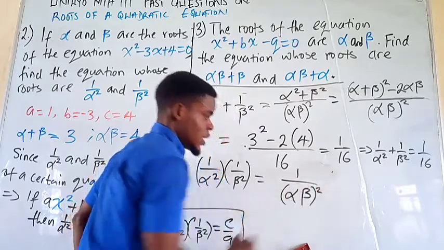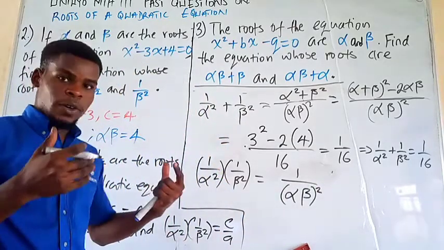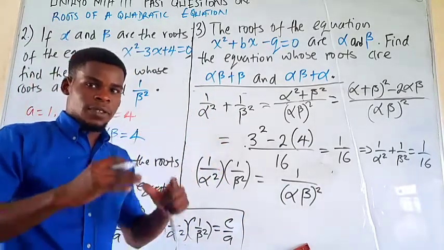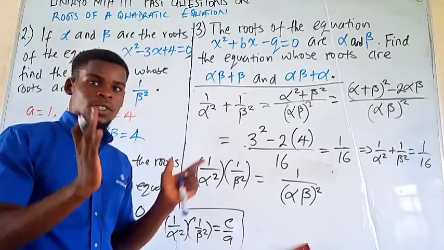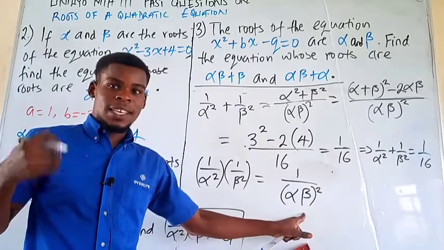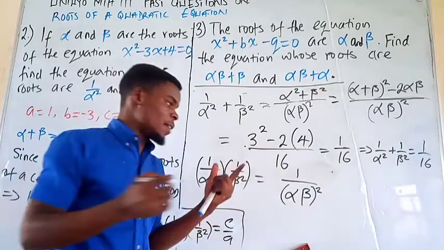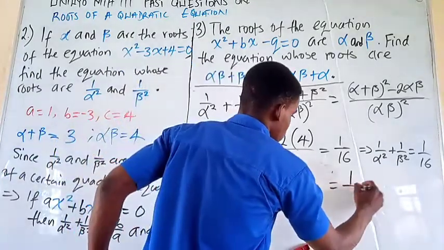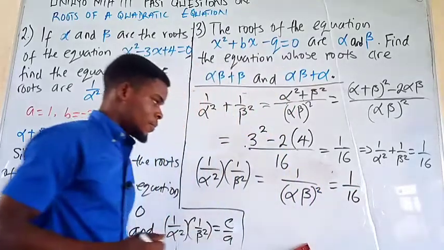You can rewrite it as a general square, since every term is being multiplied together and they're all perfect squares. Alpha times beta, again, is 4, so you square that and get 16. That means the product is 1 over 16.